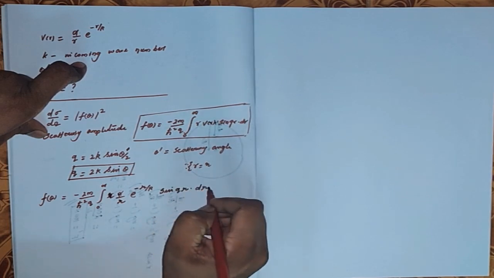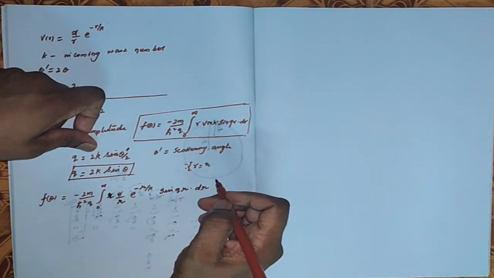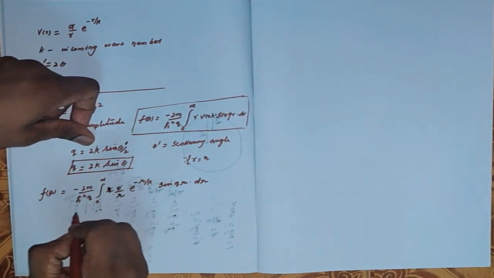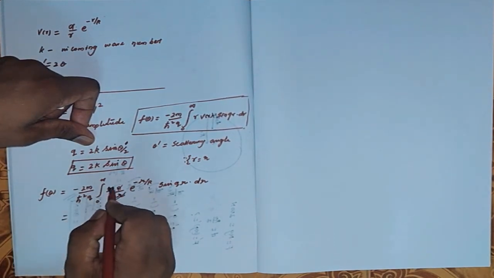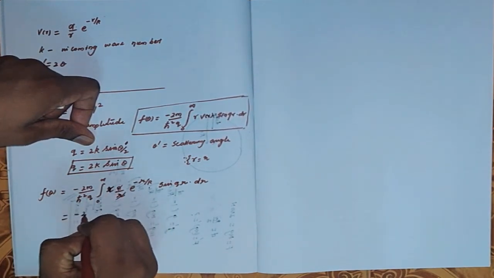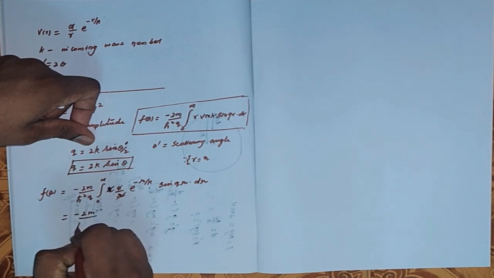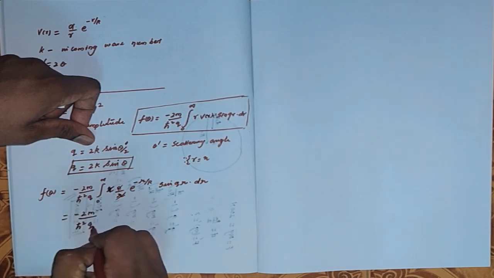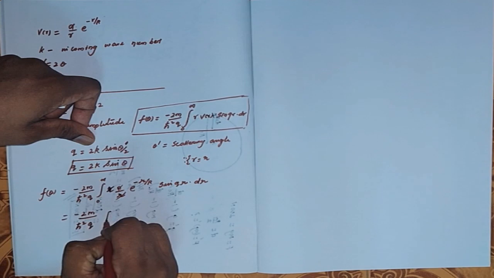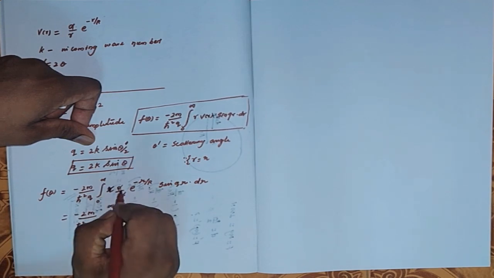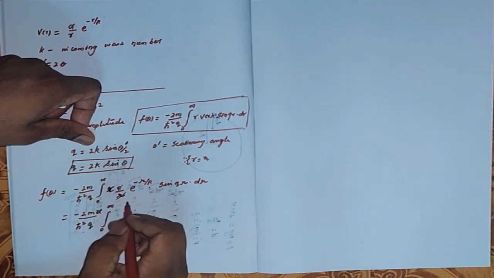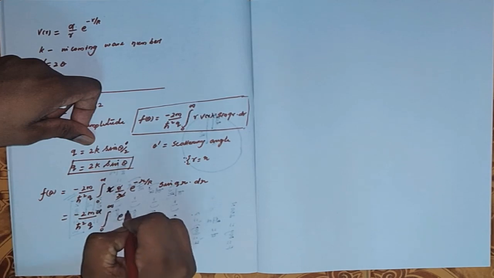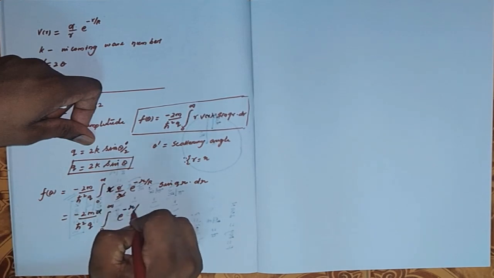We want to evaluate this integral, so r will get cancelled, giving minus 2m divided by h cut square q, integral over 0 to infinity. Alpha you can take out, it's a constant, so here it is e power minus small r by capital R.